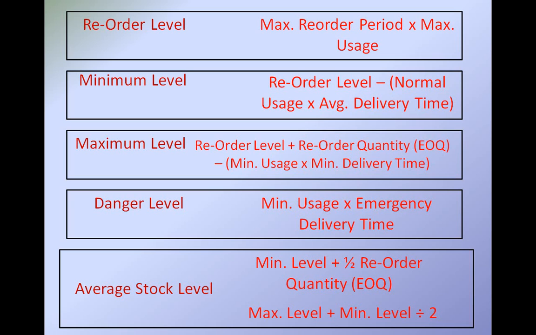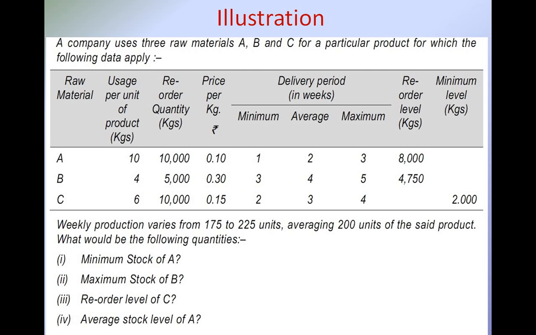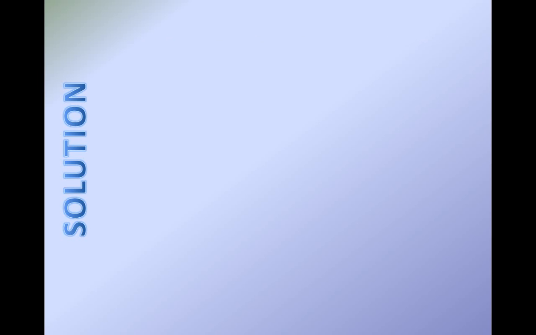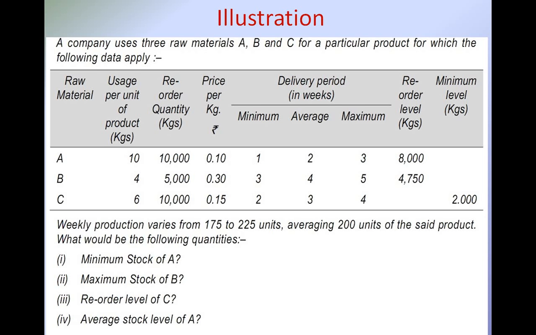The formula is reorder level minus normal usage into average delivery time. So we can go to the question and write down the formula. Minimum level is equal to reorder level minus normal usage into average delivery time. The reorder level is given, it's 8,000.